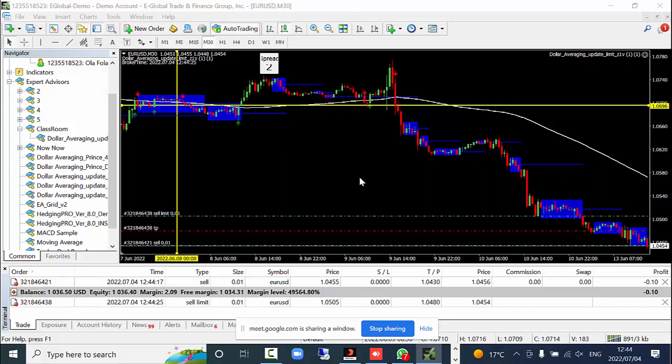Now, if you want to see what is the distance between this and this and this, it must be 50 pips. Now, if you look at the price that it came into the market, it's 455. Then the price is going to come out, which is our take profit. Oh, this is take profit, right? Okay.